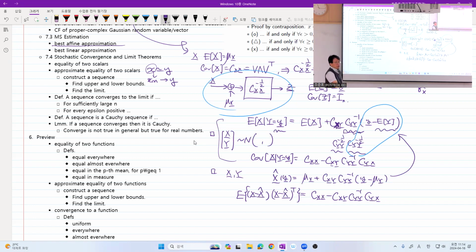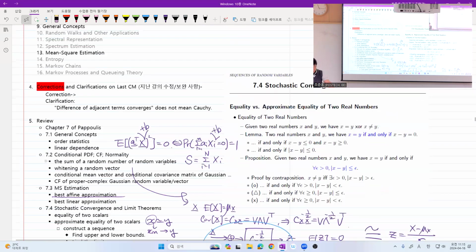For every epsilon positive, there exists N of epsilon such that for sufficiently large n, the difference between xn and x is less than or equal to epsilon. Whatever epsilon positive you choose, you must be able to find capital N of epsilon. If for some epsilon you cannot find such an N of epsilon, then the sequence does not converge.